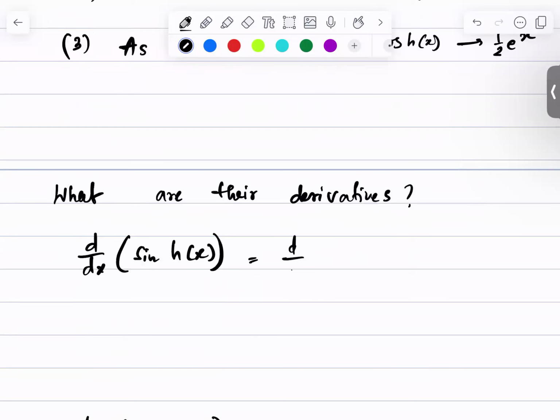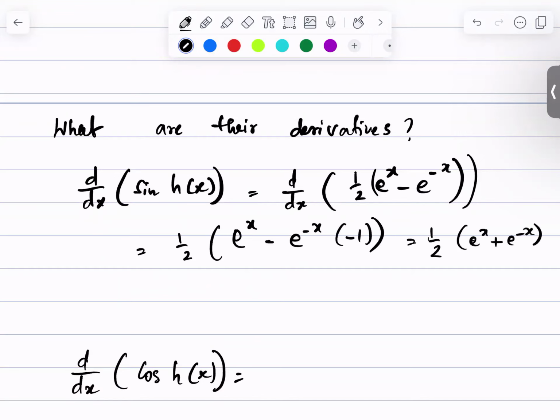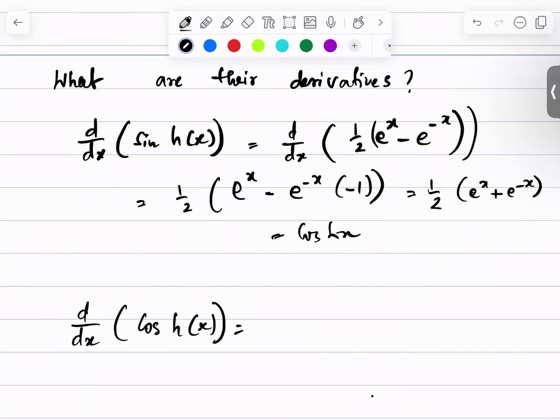So we can just calculate using the definition. This is the definition for sine hyperbolic x, and then just do the derivative. It'll be something like this, right? But this is half e to the x plus e to the minus x, which is just cosine hyperbolic x. So we know the derivative of sine hyperbolic x.